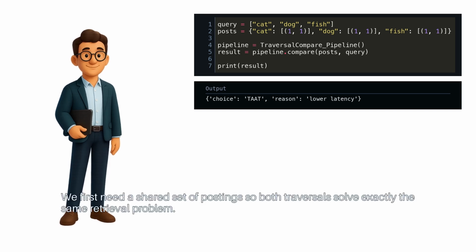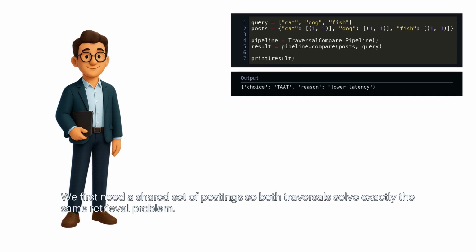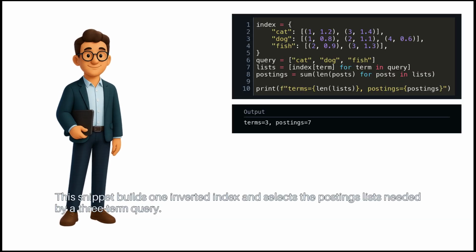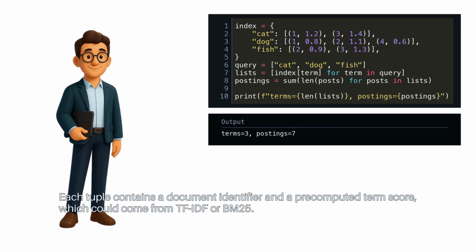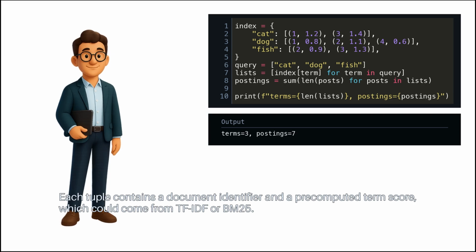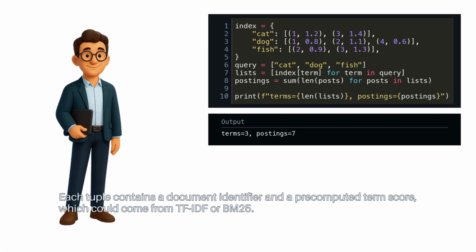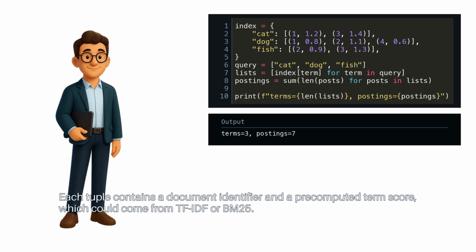We first need a shared set of postings, so both traversals solve exactly the same retrieval problem. This snippet builds one inverted index and selects the postings lists needed by a 3-term query. Each tuple contains a document identifier and a pre-computed term score, which could come from TF-IDF or BM25.